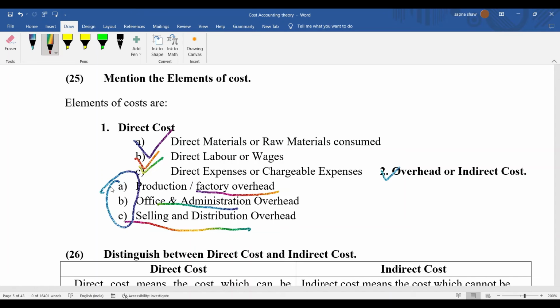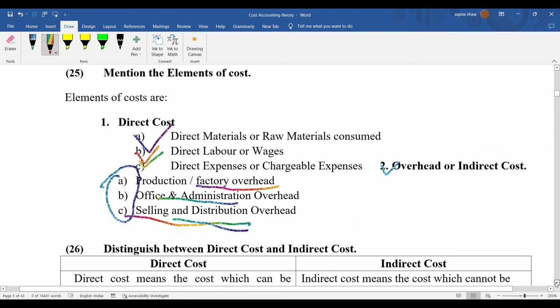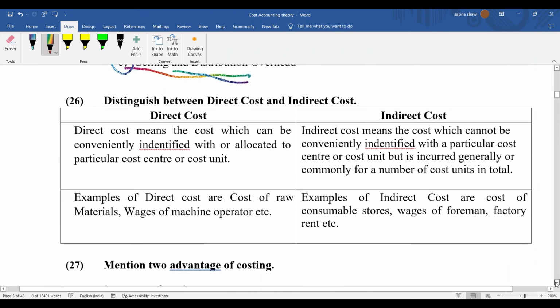All these are indirect expenses, but you have to understand exactly whether it is from the factory, whether it is spent in the office or in selling. So you have to be clear about it.